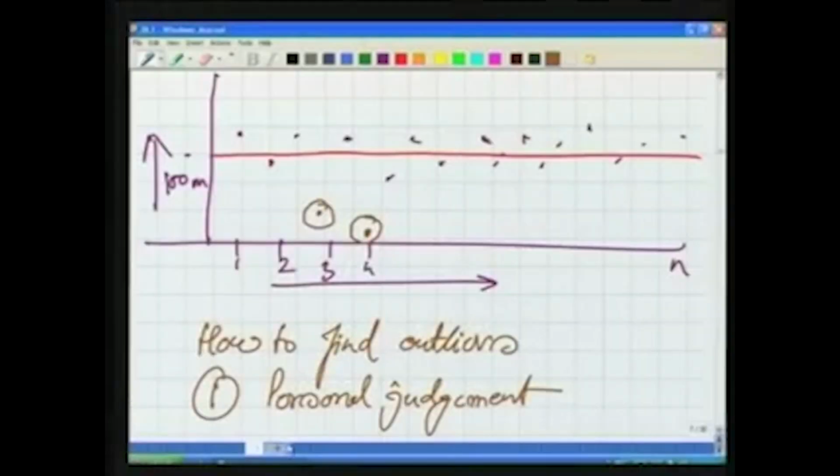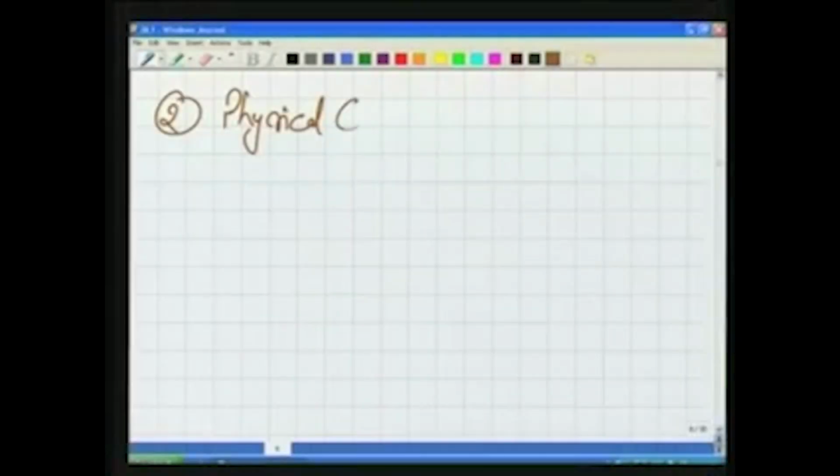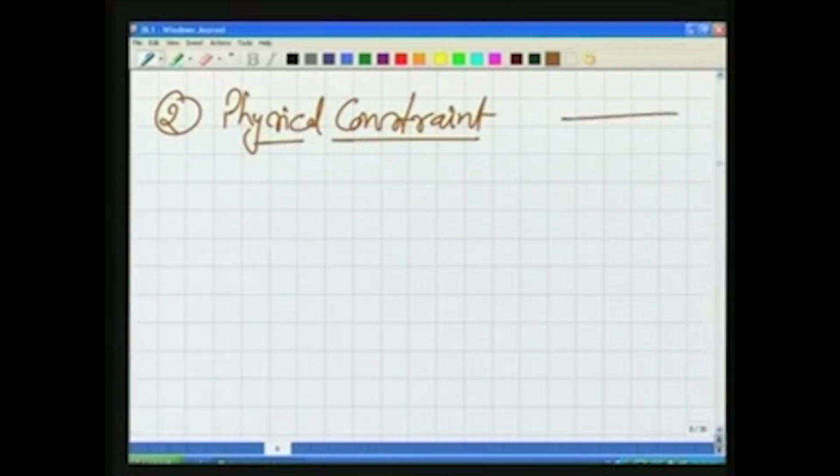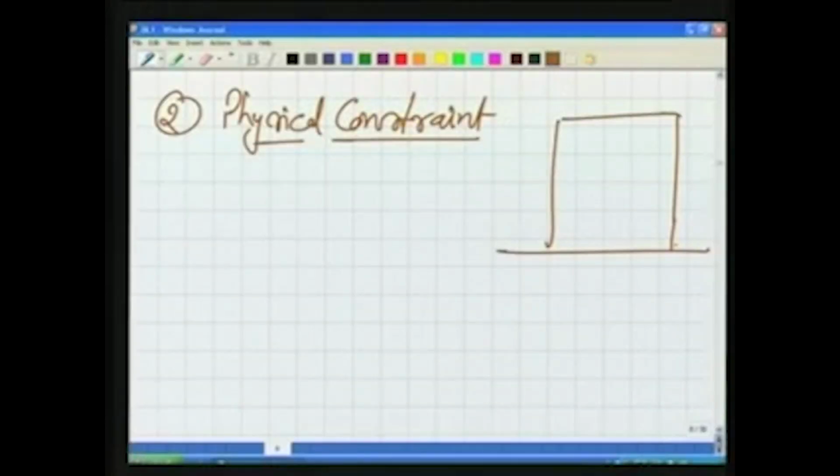Many times, method number 2 could be the physical constraints. Let us say you are measuring the height of a building, and the height of the building cannot be more than a certain value in any case. Most of the heights which are measured will be here and there of the actual height.